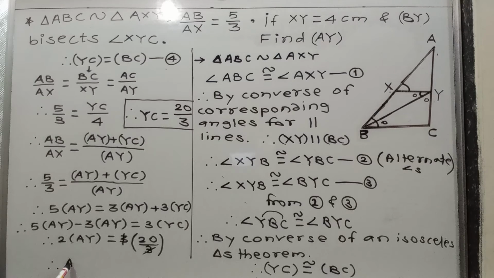Therefore AY is equal to 20 upon 2, which is 10. So AY is equal to 10 centimeters. Did you get it? Write this.